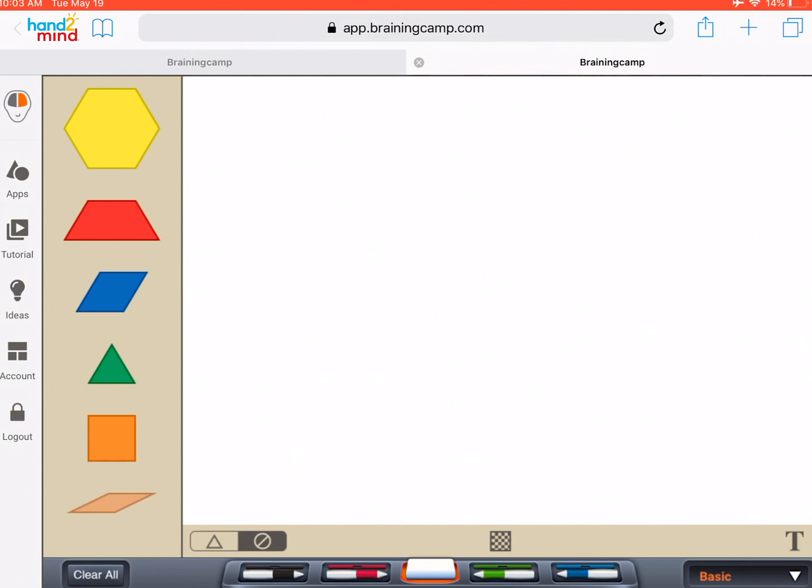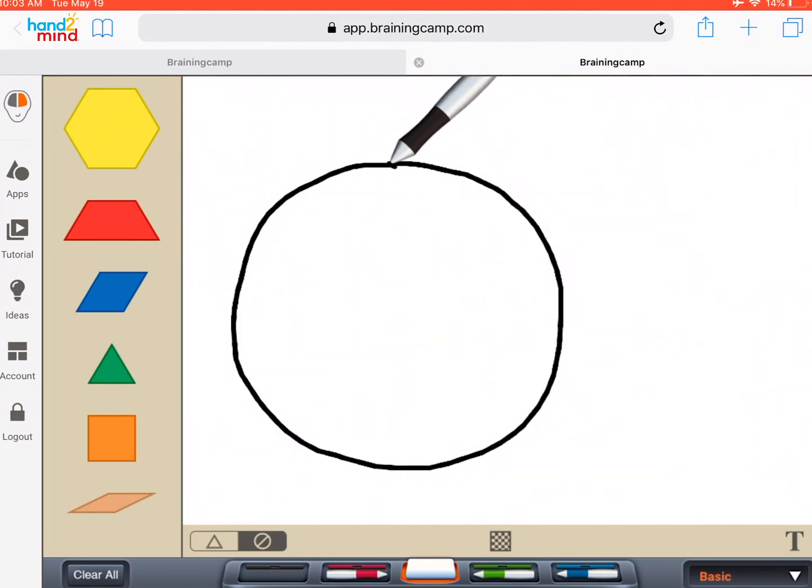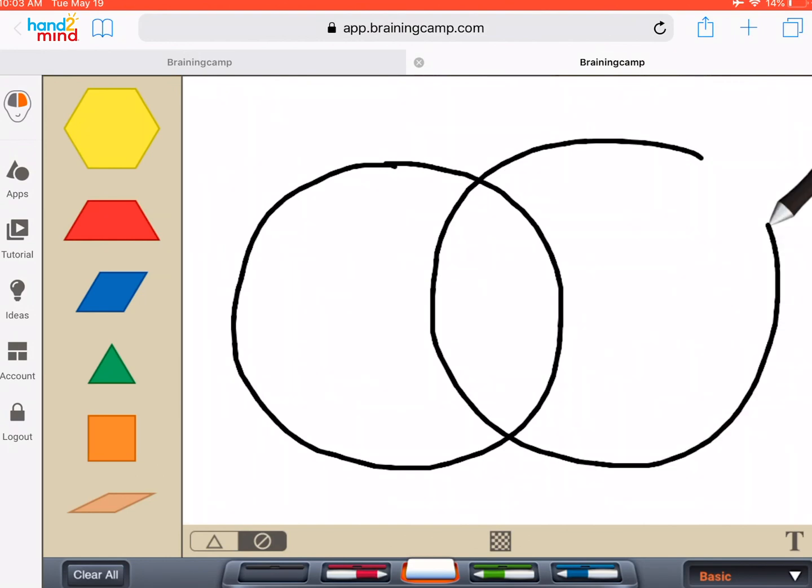In order to do that, we are going to create Venn diagrams. So Venn diagrams are two interlocking circles that help us with comparing and contrasting. So, looking at our shapes along the left-hand side in the pattern blocks that we want to compare and contrast, we are going to label our two circles.